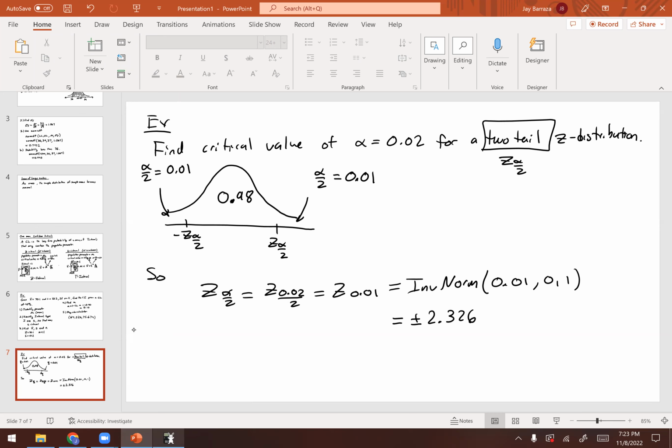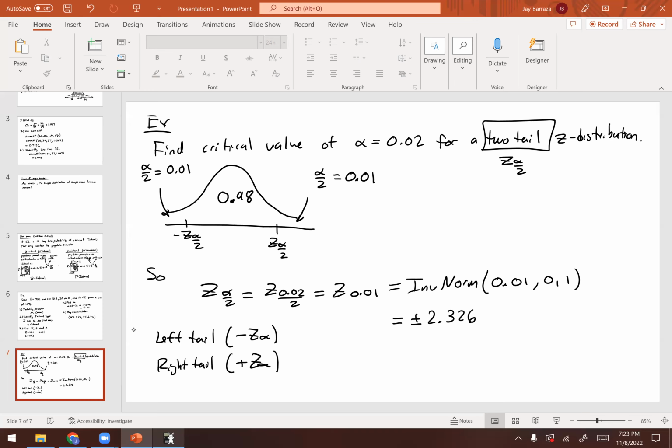Now, if I wanted a one tail, well, then that just means I would use alpha instead of alpha over 2, okay? Left tail, negative z alpha. Right tail, positive z alpha. And that's the difference. So if you calculate the left tail, the right tail is just the positive version, right?